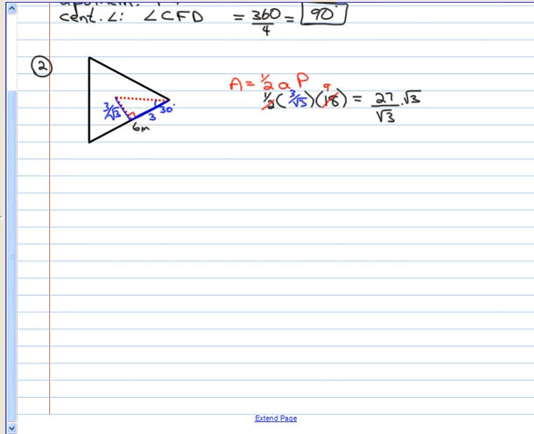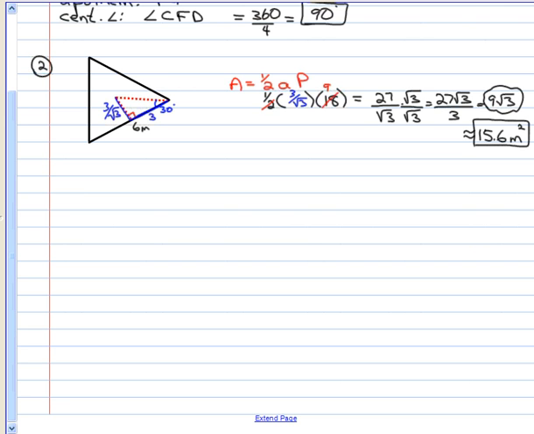So I think they said nearest 10th, didn't they? If I rationalized it, I'd get 27 square root of 3 over 3. 27 divided by 3 is 9. 9 square root of 3 is the exact answer, and as a decimal, to the nearest 10th, 15.6 meters squared.